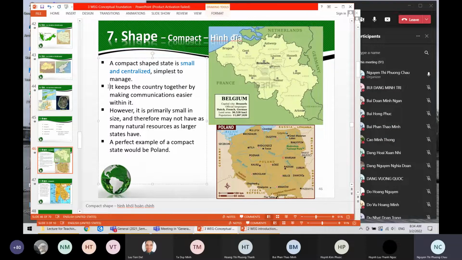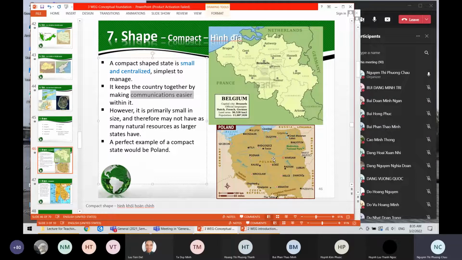It keeps the country together by making communication easier within it. So easier means advantage: it is easier to communicate within it. We can understand this like the government finds it easier to communicate with people within a nation. Good communication then means better support.